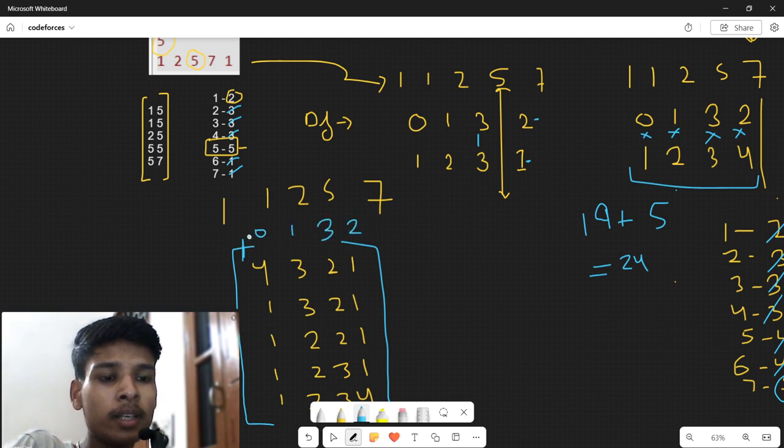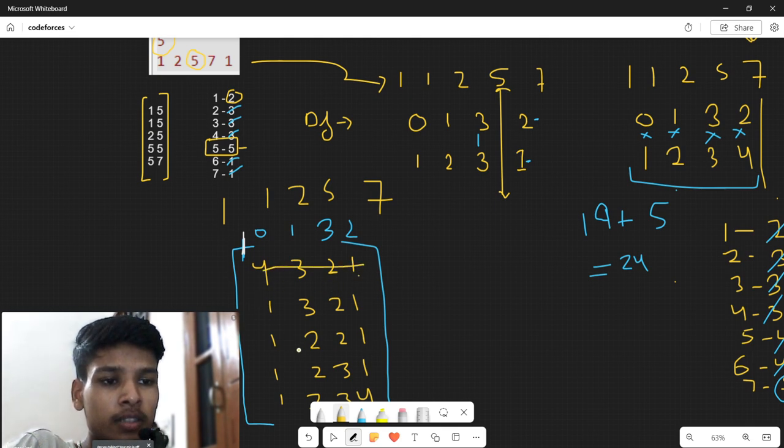So if my number lies at this position, my answer would be this adjacent difference multiplied by this sequence.